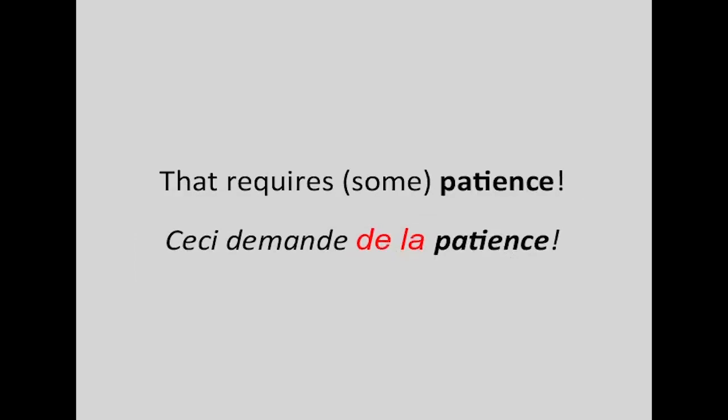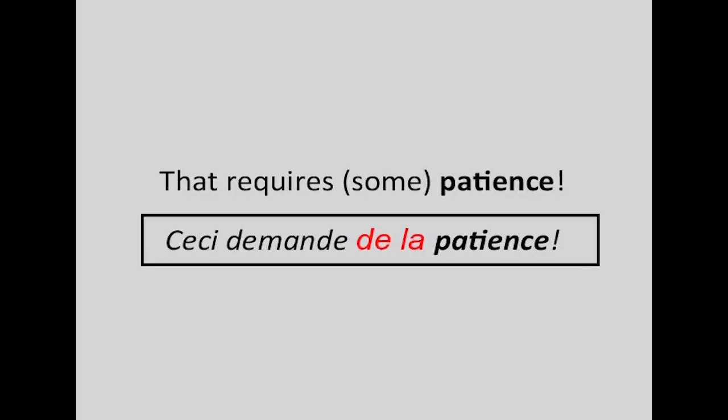If we were to replace courage with patience, this sentence would be "ceci demande de la patience." The partitive article de la precedes the word patience because this human trait is a feminine word. The same holds true for food and drinks.